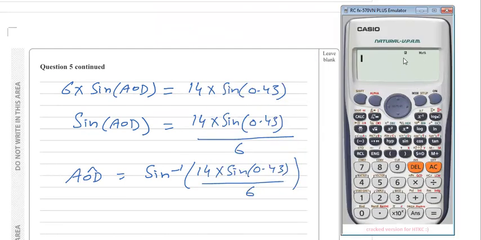Make sure your calculator is in radian mode. I will change it to radians. So sine inverse of 14 times sine of 0.43, divided by 6, will give 1.3365.